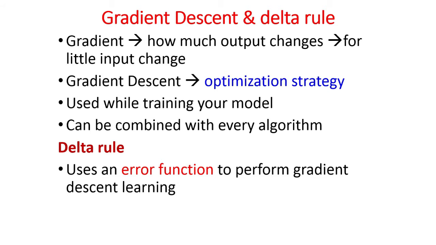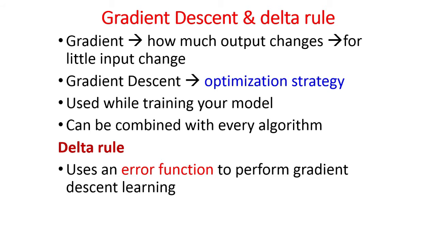The delta rule is an interesting mechanism for searching the hypothesis space. Actually, the delta rule uses one of the most popular search techniques in the hypothesis space, that is called gradient descent.